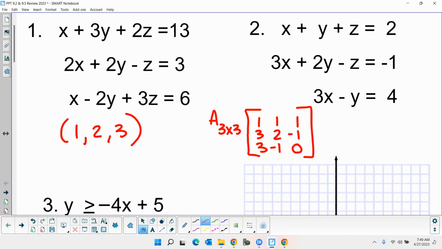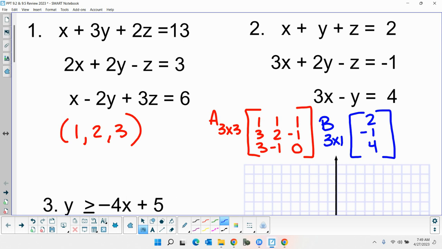All right. Your B matrix then is a 3 by 1, and these numbers on the other side of the equal sign are constants, 2, -1, 4. Okay.